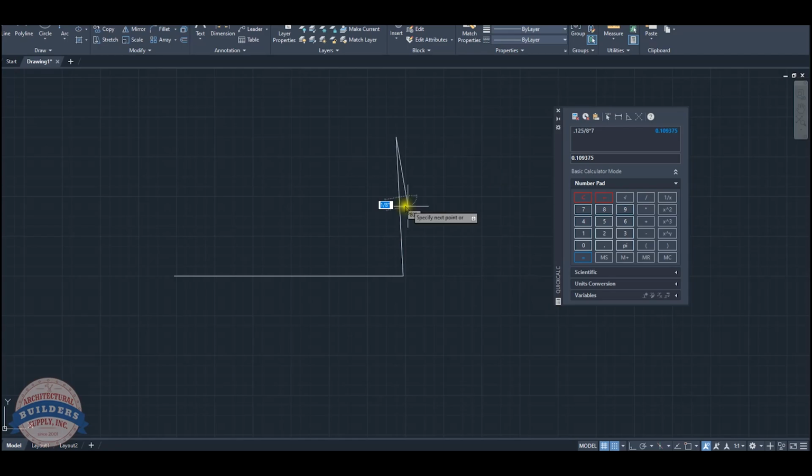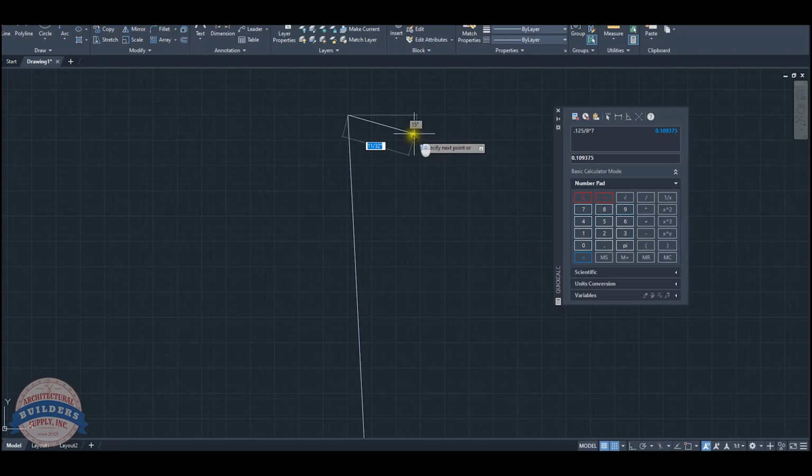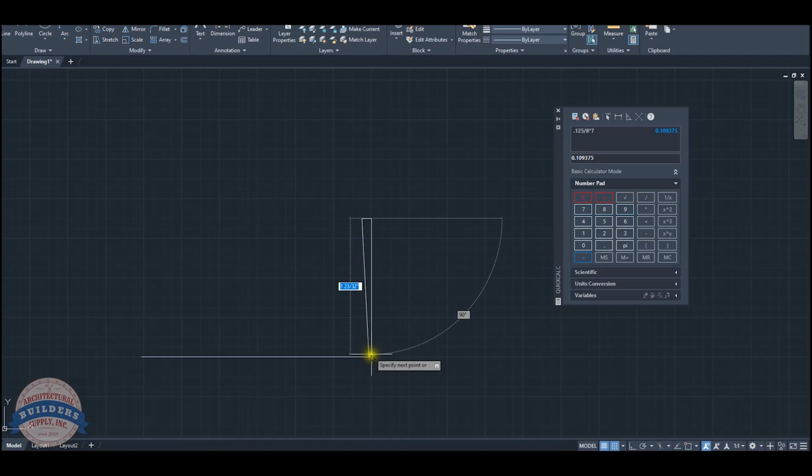Let's draw this line back to the perpendicular line. That's 1/8 of an inch. Which actually it's not that, it's 0.109375.